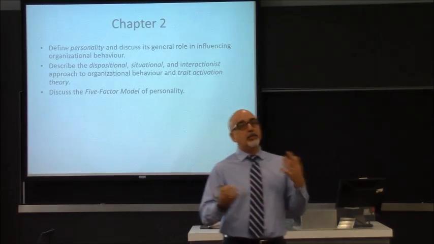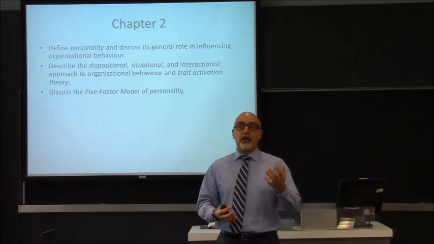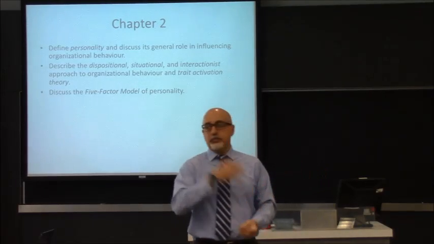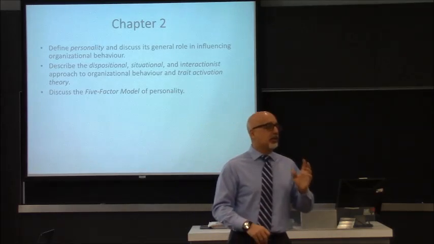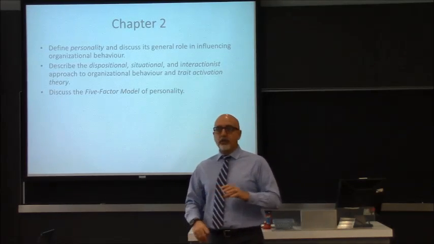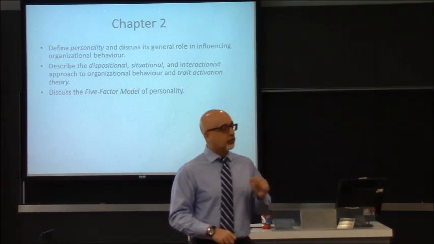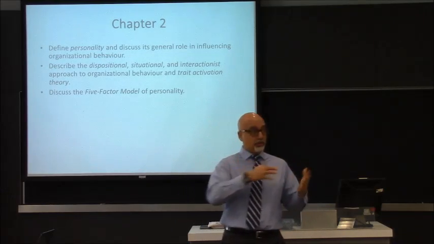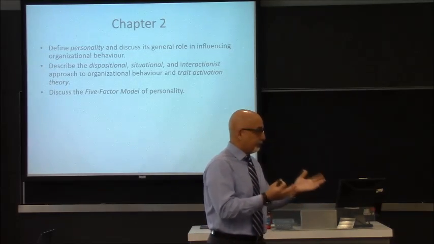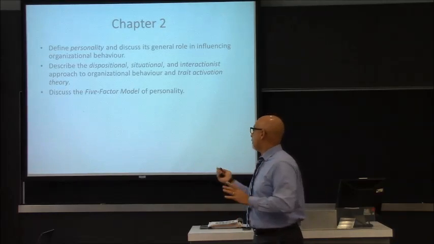You have to be able to give me some examples. Now, understand that one job could use multiple. In fact, nobody just has one. We don't just say, oh, he's a good lawyer because he's conscientious, or she's a great customer service rep because she's agreeable. No, because there's more than just agreeableness. You can have multiple dimensions to one's personality.